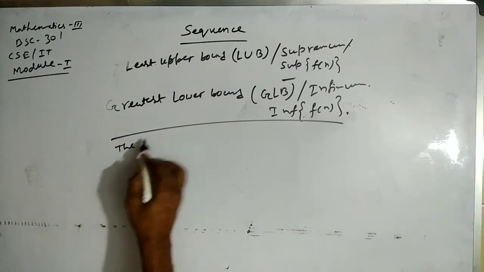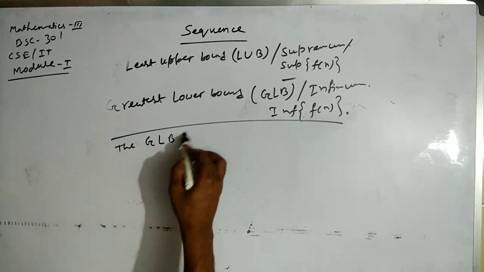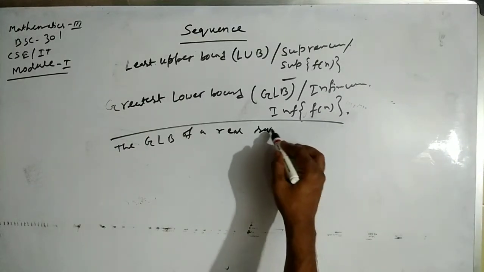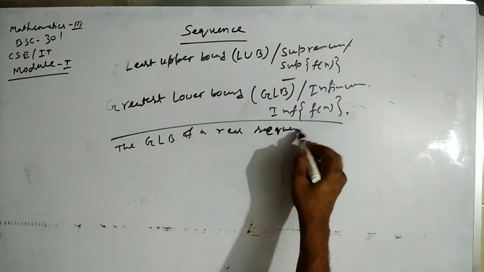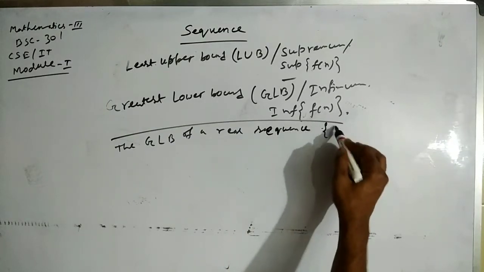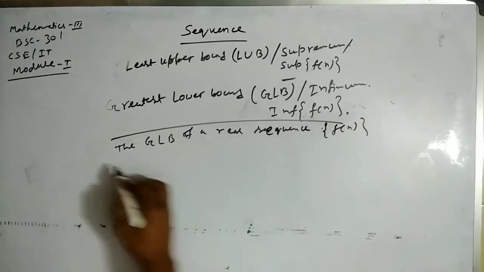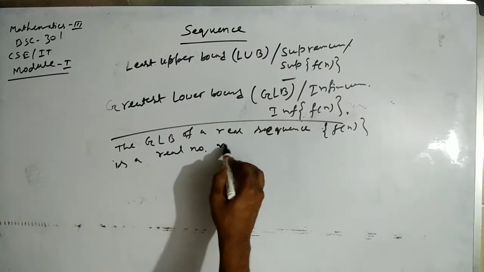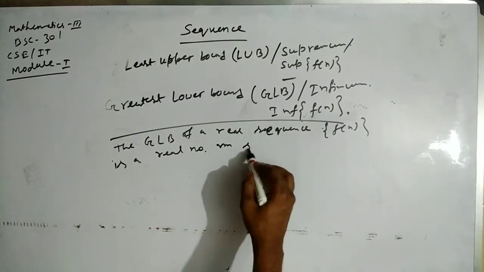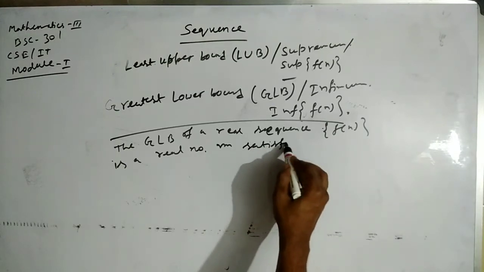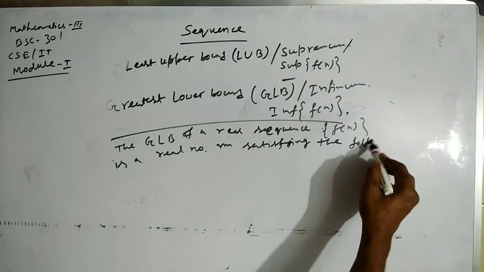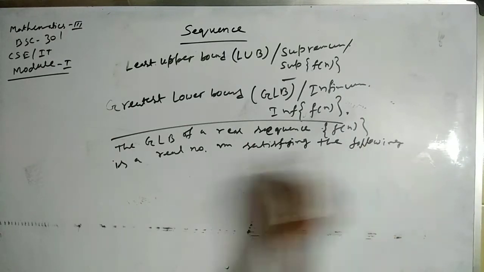So the GLB of a real sequence Fn is a real number small m, say, satisfying the following conditions.